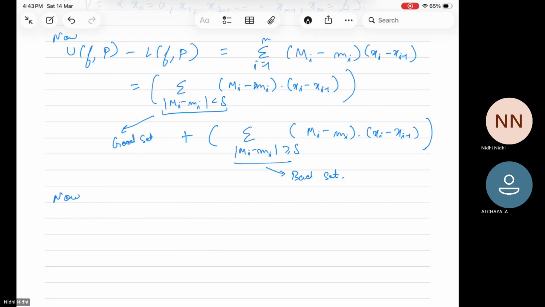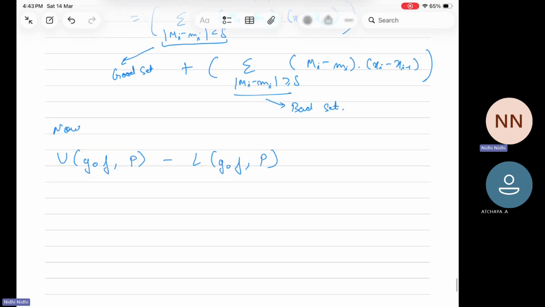Now, this U(g∘f,P) minus L(g∘f,P) is equal to the summation of (Mi star minus small mi star) times (xi minus x(i-1)). You can notice that I have taken the same partition.